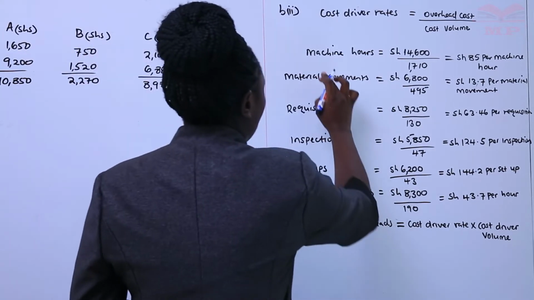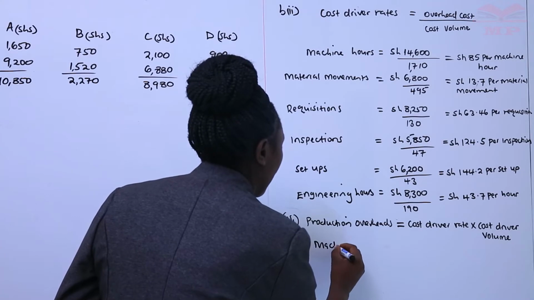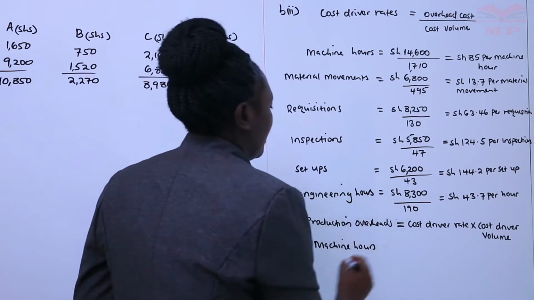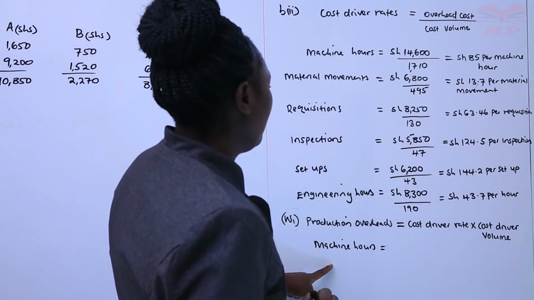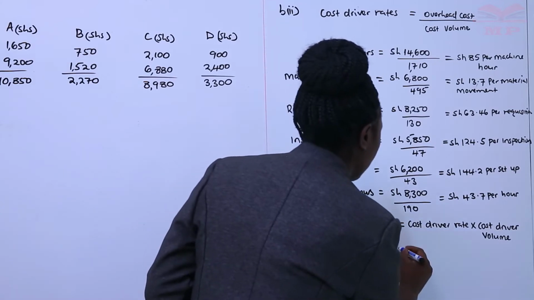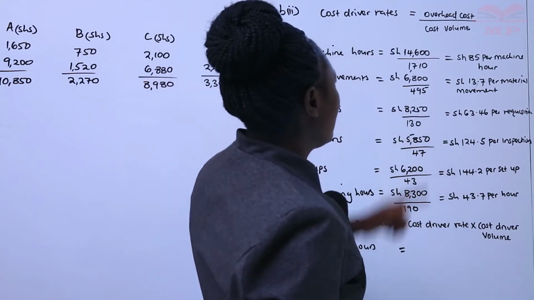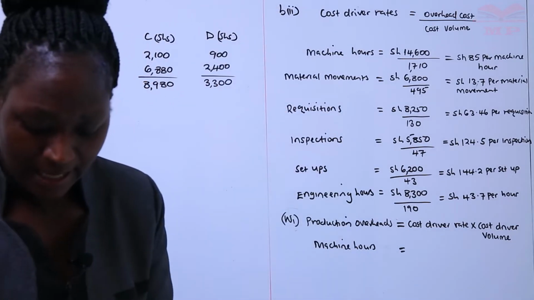Beginning with the machine hours, the production cost based on machine hours will be equal to the cost driver rate for machine hours, which was 85 shillings per machine hour.